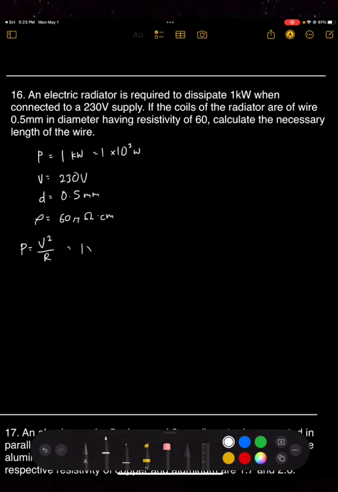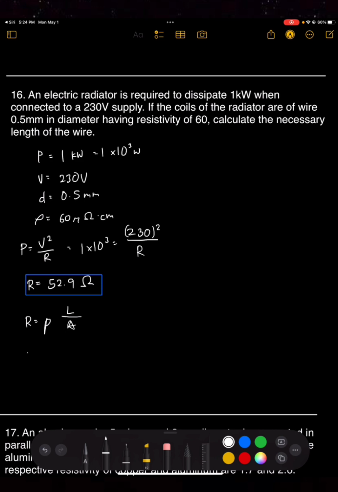which is 1 times 10 raised to 3 equals our voltage, which is 330 squared, and the resistance. So our resistance is 52.9 ohms. So since we get our resistance, we'll use the formula R is equals to resistivity times length over area.